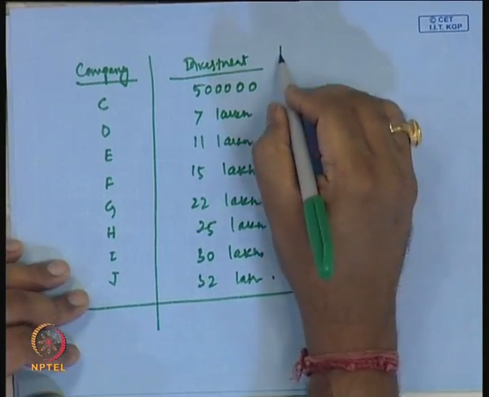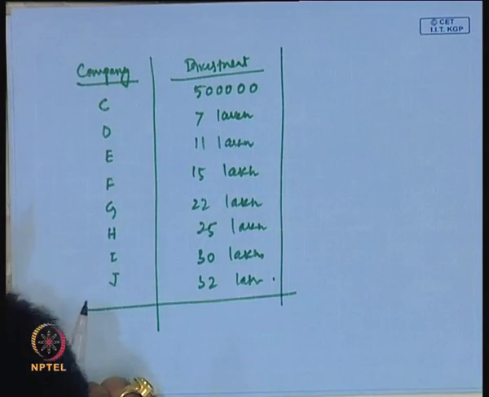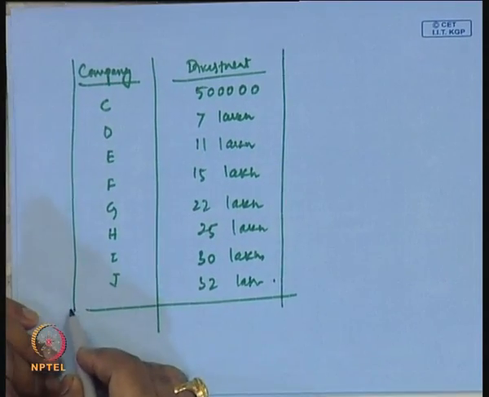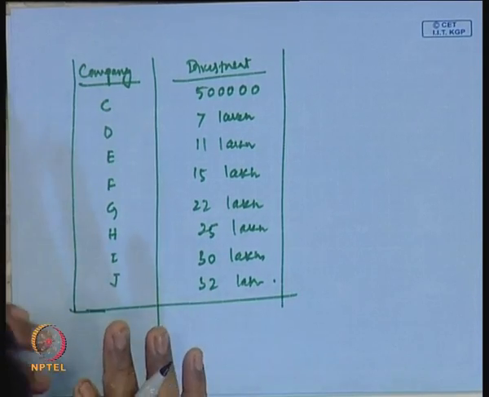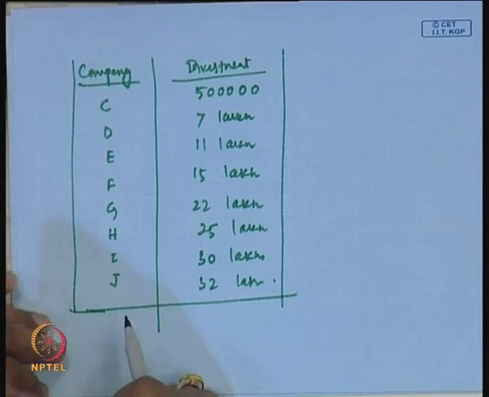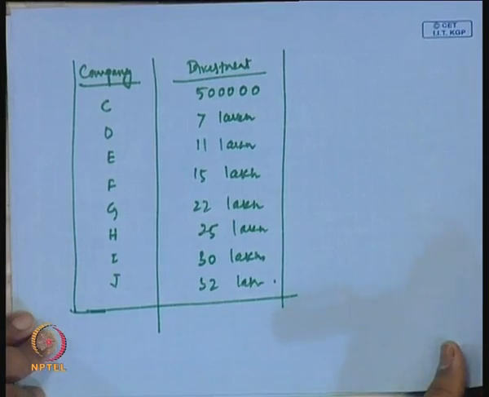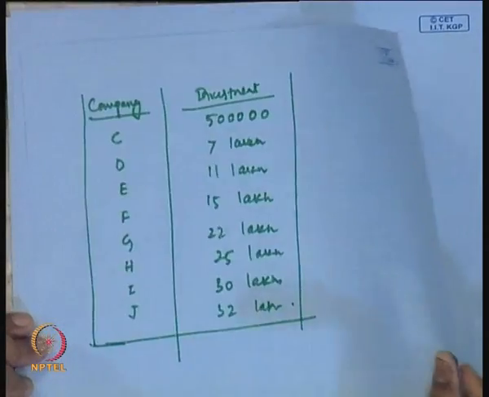Now, our objective is to see that the liability and the asset after certain years should be perfectly matched. There should not be any surplus at the end of the period, or any kind of deficit at the end of the period, according to our hypothesis.